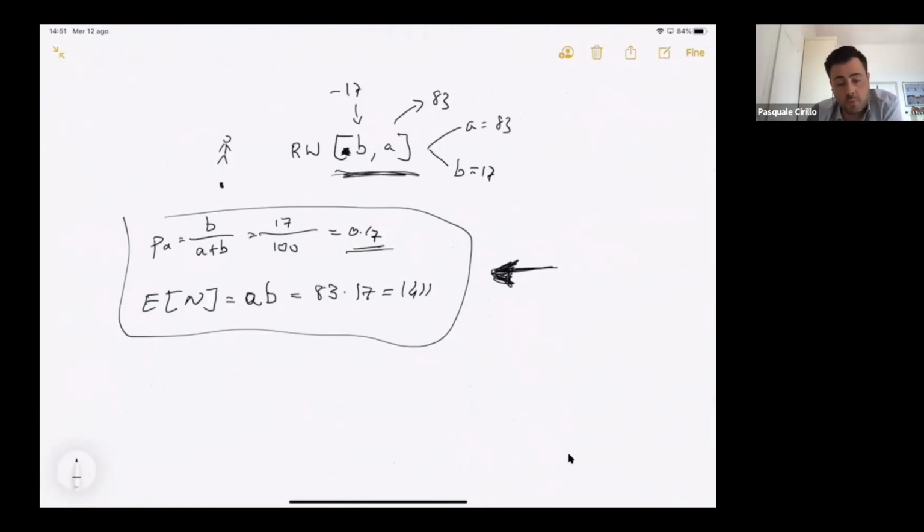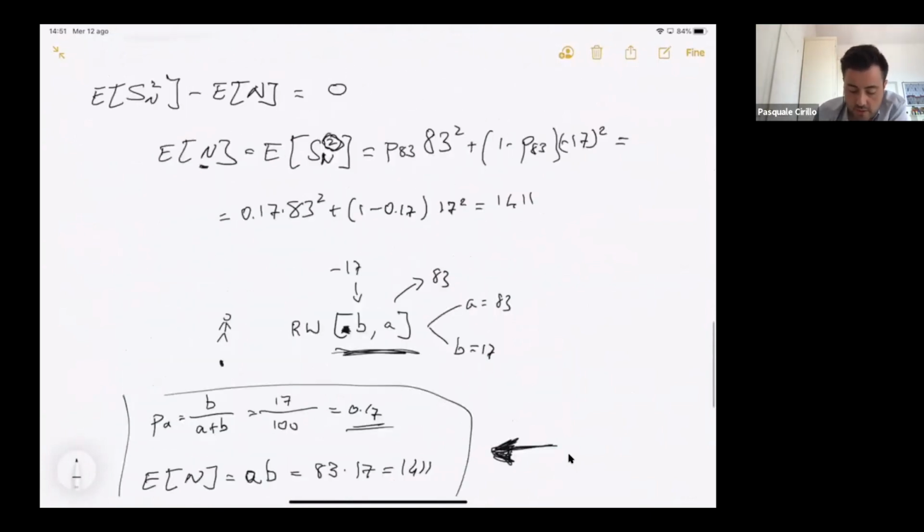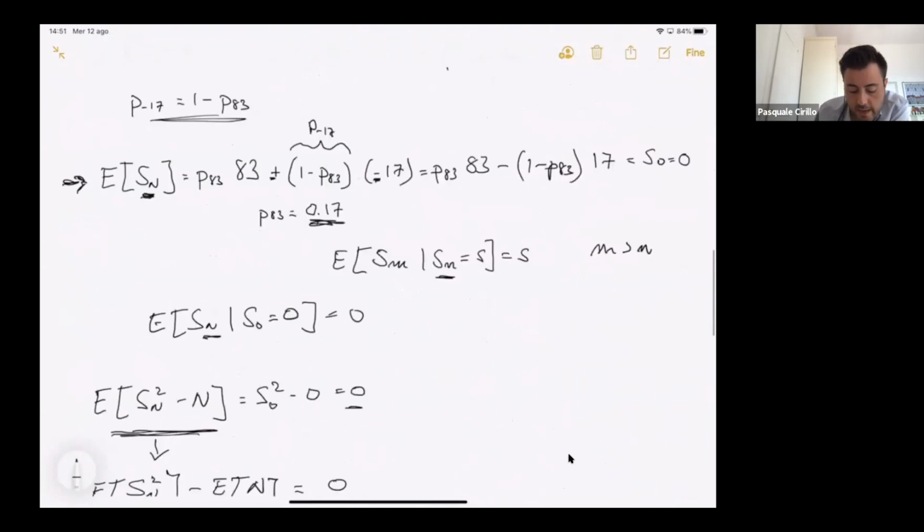The other way is to exploit martingales. In exploiting this result, you are elegantly using the fact that a random walk is a martingale. The squared random walk rescaled by n is a martingale. And when n is a stopping time, everything keeps being a martingale.